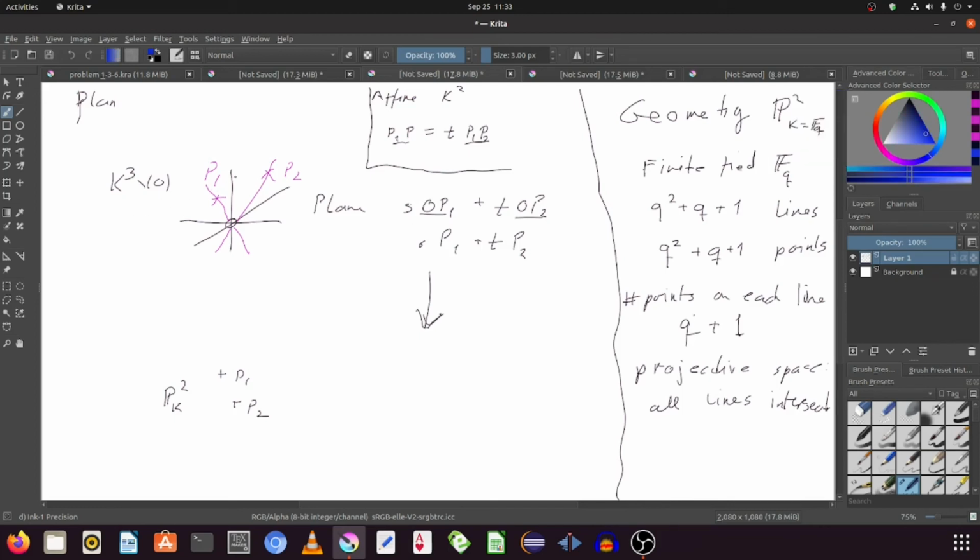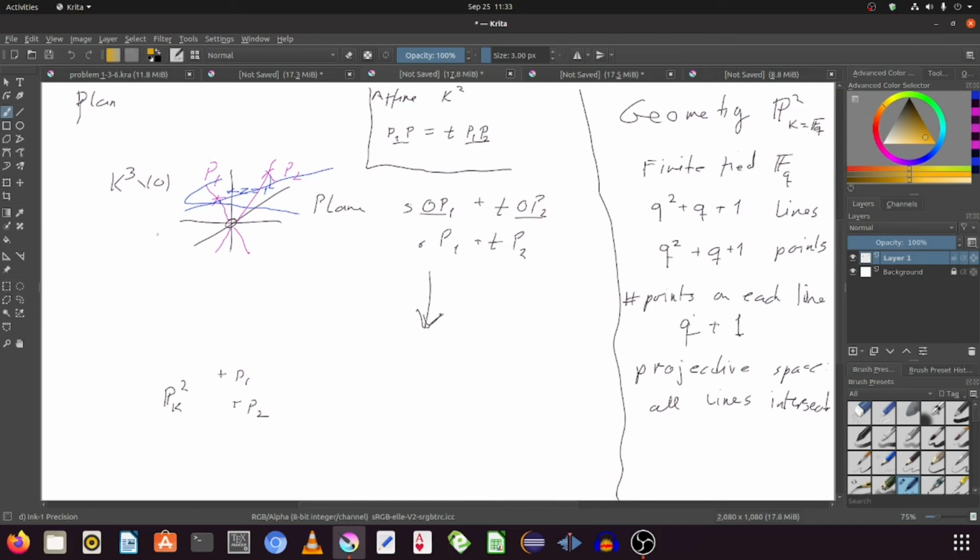If you want to go to the affine case, then you just take z equals 1, and then you have the line here. And it's difficult to find a good color, isn't it?